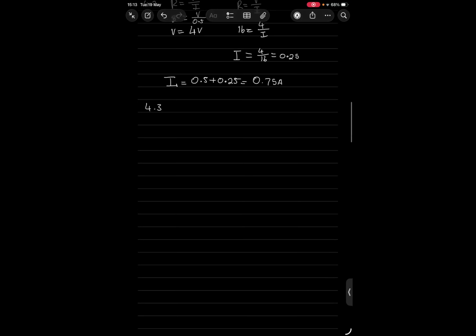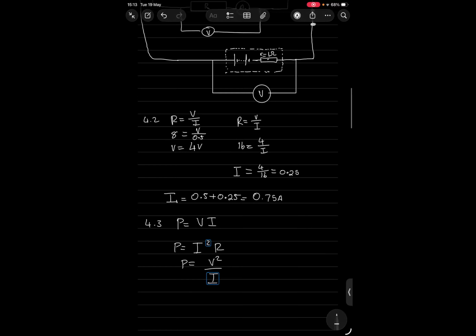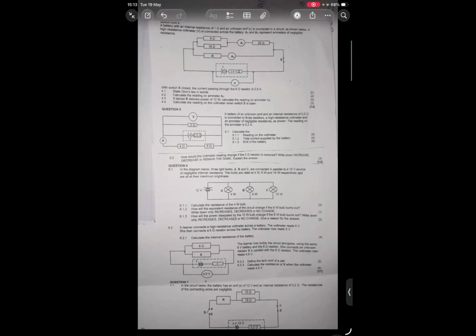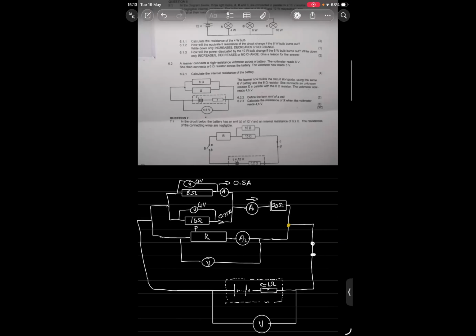So now, these are the formulas of the power. Then more on the R, it delivers how much? It delivers 12 watts.